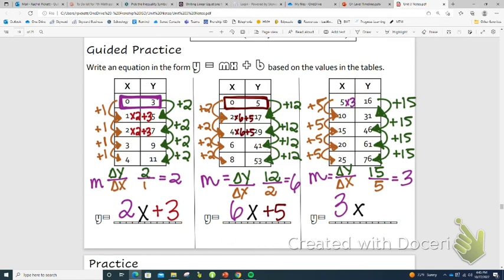If I want to get to 16, I have to add one more. 10 times 3 is 30, and if I want to get to 31, I add one more. 15 times 3 is 45, plus 1 is 46. So you can see each time that bonus, the extra number that we're adding, was just a plus 1. And that is how you write a linear equation based off of a table.